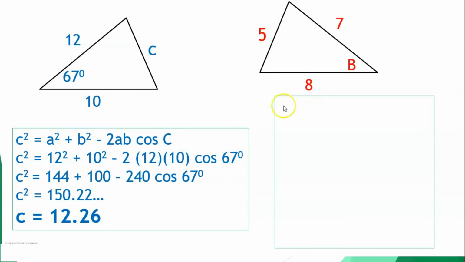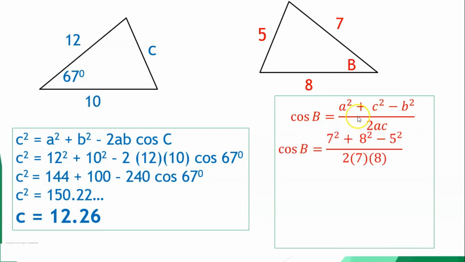Okay, another example. Now this one, the three sides are given. So solving for angle B, that's cosine B is equal to A squared plus C squared minus B squared over 2AC. So substituting, we will have A here as 7, C as 8, and B here is 5 because it's the opposite of angle B. So over 2 times 7 times 8.